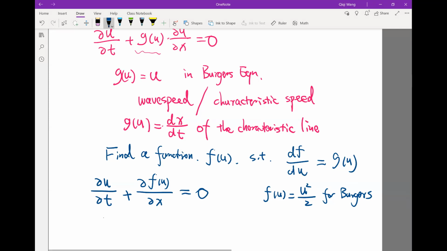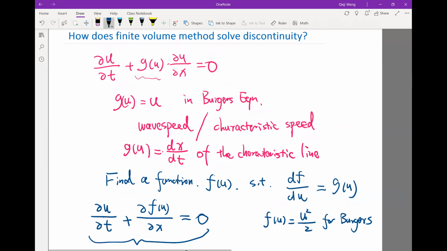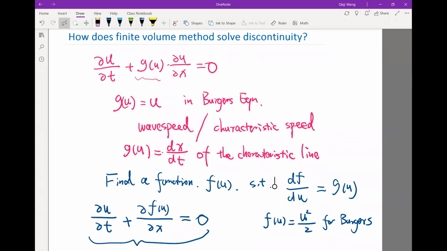Okay, so once you have the equation in this form, this is called the conservative form, as opposed to the original equation, which is called the primitive form of the differential equation.